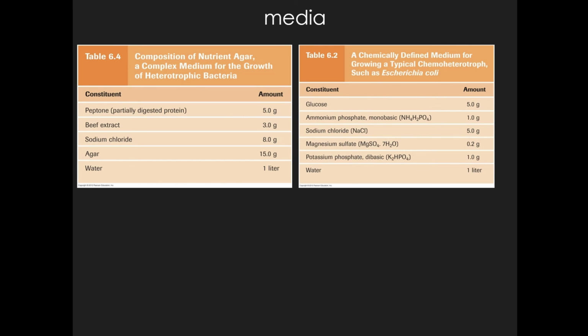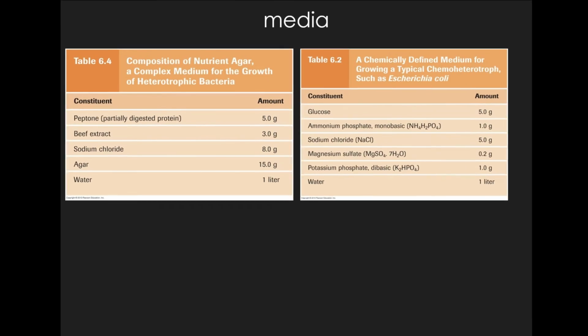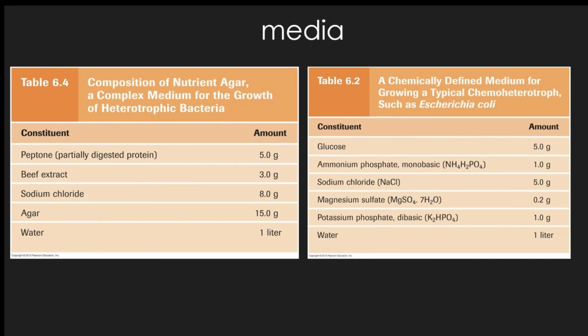Now, for us, that might mean differences between these two media here. For instance, on the left, you have nutrient agar, which is a complex medium for the growth of heterotrophic bacteria. So it's complex, which we talked about earlier on in lab, which means we don't really know exactly what's in it, but it works pretty well for most heterotrophs.